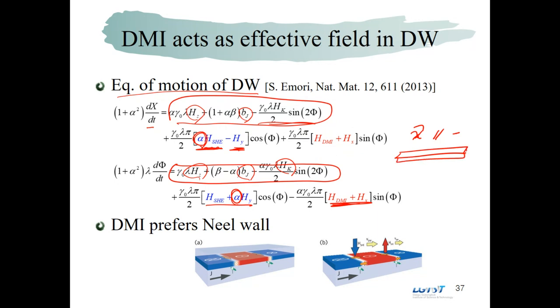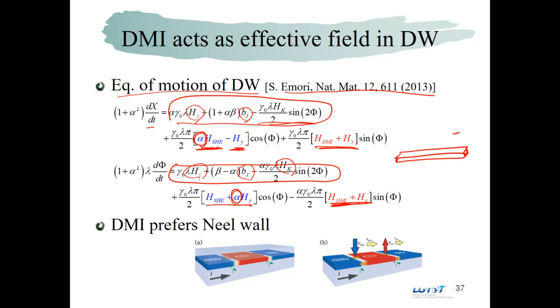In our previous case, the current was flowing along the y-axis, but now the coordinate system is changed. I'm sorry, because I'm taking this from another reference. So anyway, we can easily see the role of the DMI.